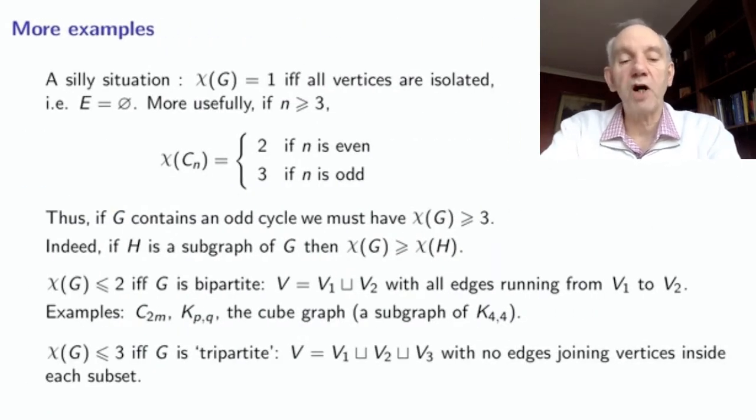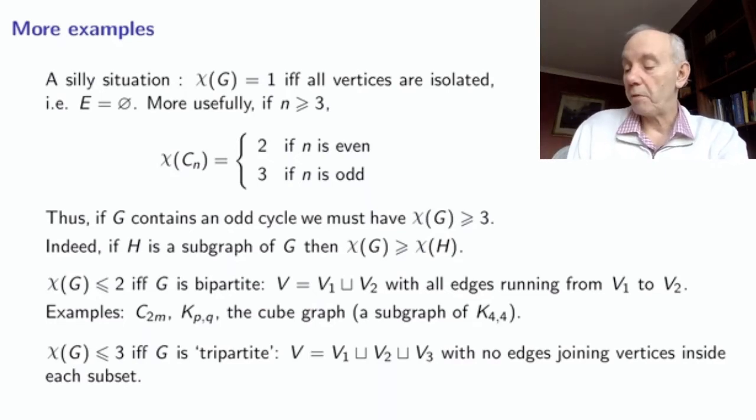To say that a graph is k-colourable is really the same thing as saying it's what's called k-partite. You can split its vertex set into subsets and give the vertices in each subset the same colour. One doesn't normally go beyond bipartite, at least I won't be going beyond bipartite. But just once, I'll use this name, tripartite. That would be when you can split the vertex set into 3 subsets.